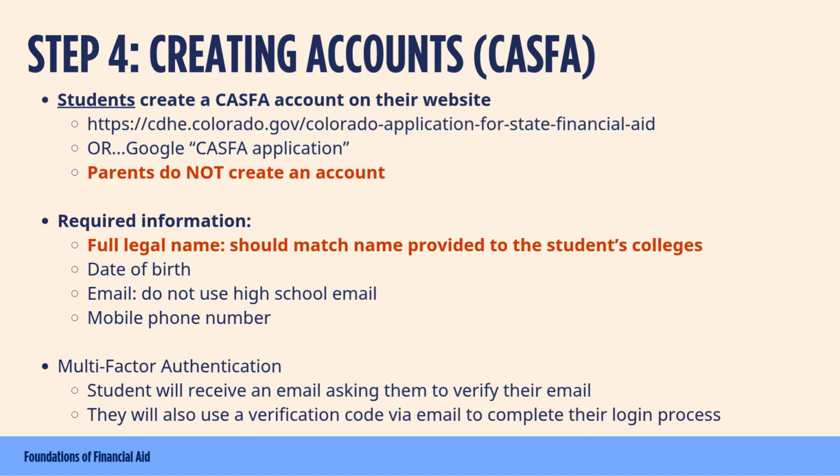And if there's a mismatch in those names, then it often can really delay the student receiving their financial aid offers. Students will also need their date of birth, their email, and their mobile phone number. And again, they should not use their high school email because it will be deactivated when they graduate. So they should be using a personal email like Gmail or Outlook or whatever they choose.